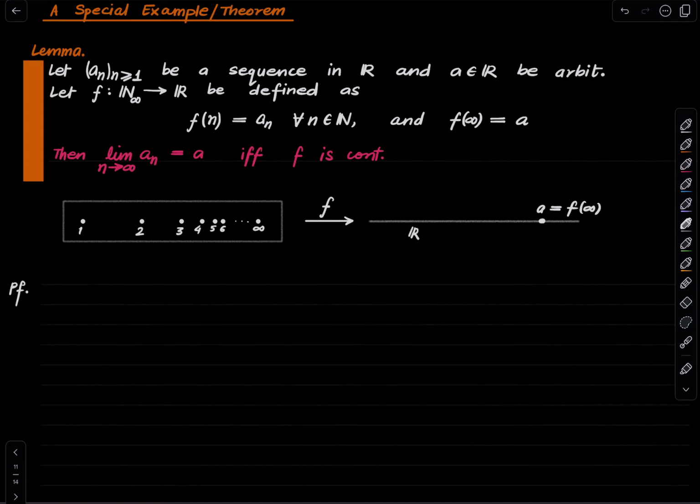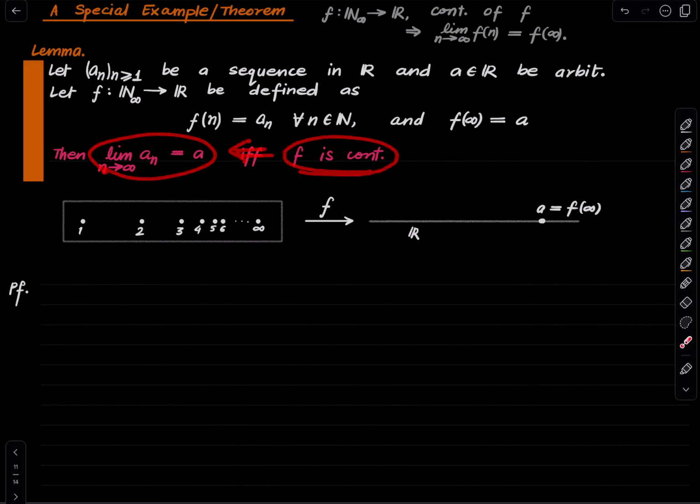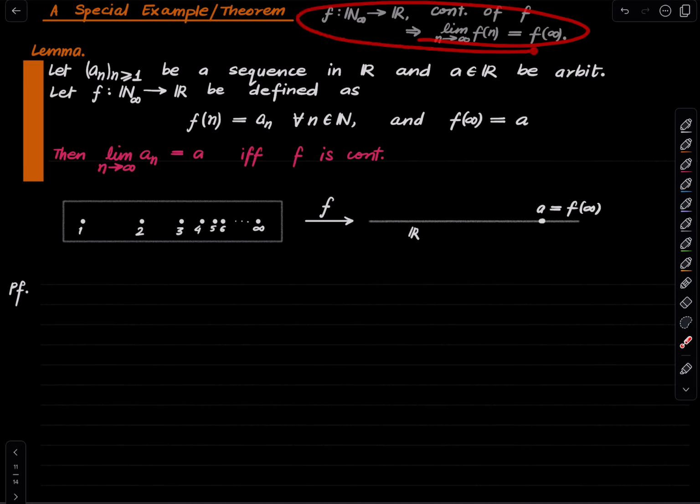One can just say that if f is a function from N union infinity to the reals, then continuity of f implies that this happens. That's just one side of the lemma. Continuity of f implies the convergence is what has been stated there.